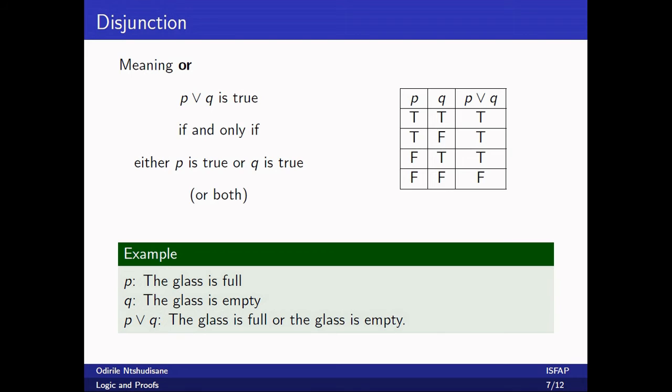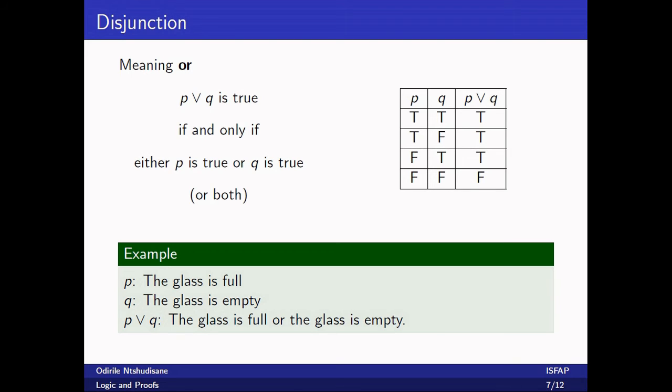Often when somebody says something like, would you like an apple or a pear, they mean would you like either an apple or a pear, and not both. But our or includes the option of getting both.